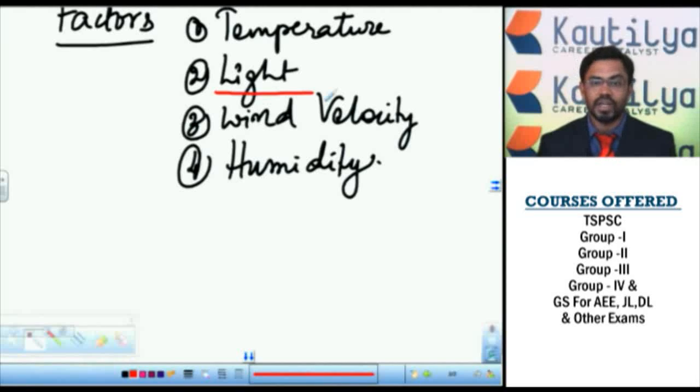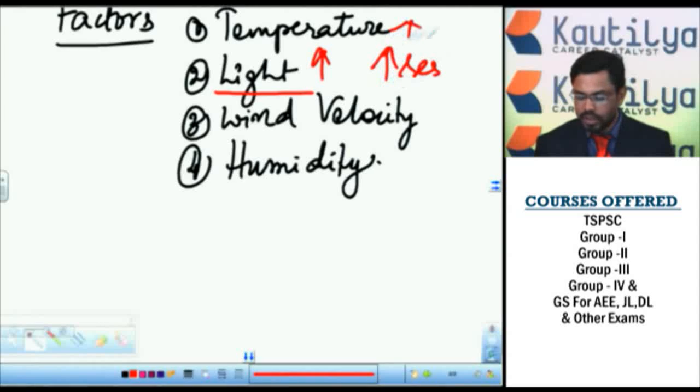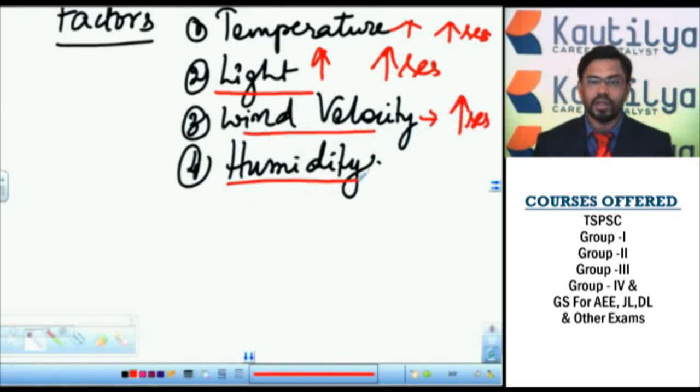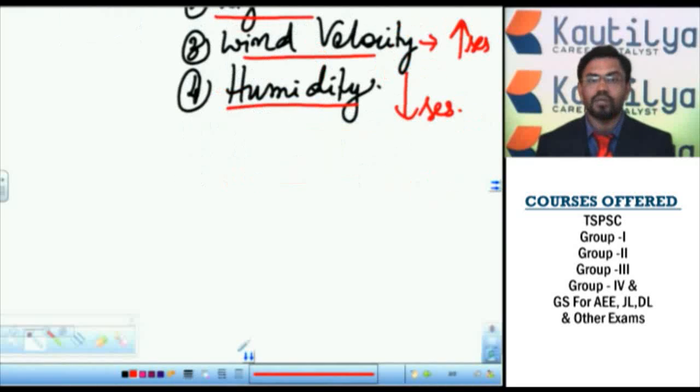When the wind velocity is more, the evaporation is more, so the rate of transpiration also increases. When the humidity, that is water content in the atmosphere, is more, the rate of transpiration decreases. So these are the main factors which influence the rate of transpiration.